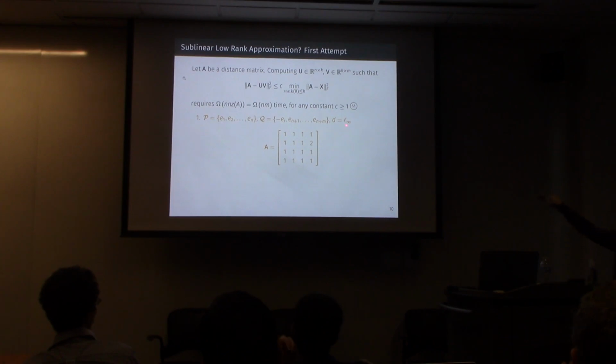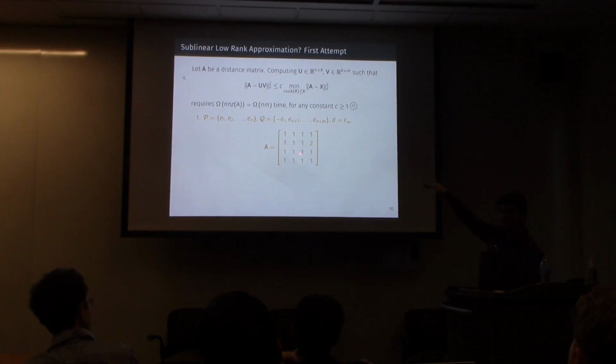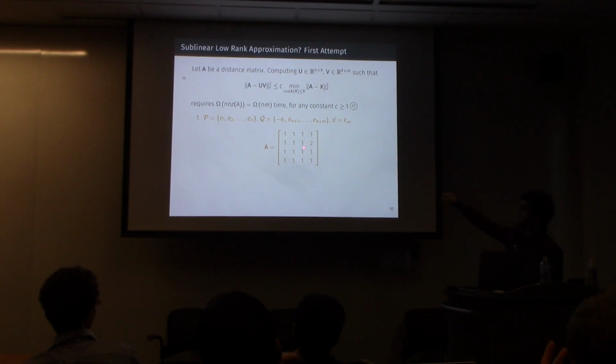And the metric that we're looking at is L infinity. So observe that if I take any point p_i here and any point q_j here, the distance in L infinity is just going to be 1, for all pairs apart from where I pick e_i and negative e_i. And that one is going to be 2.